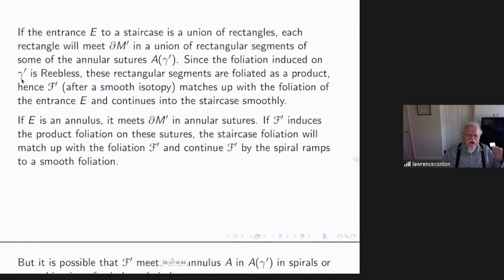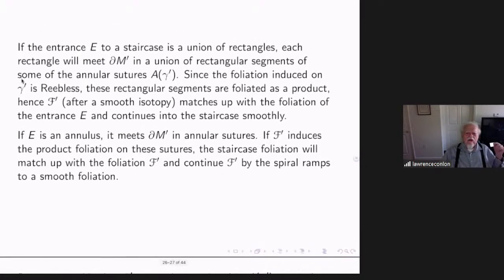Now, if the entrance to the staircase is a union of rectangles, each of those rectangles meets the boundary of M prime in a union of rectangular segments of some of the annular sutures.